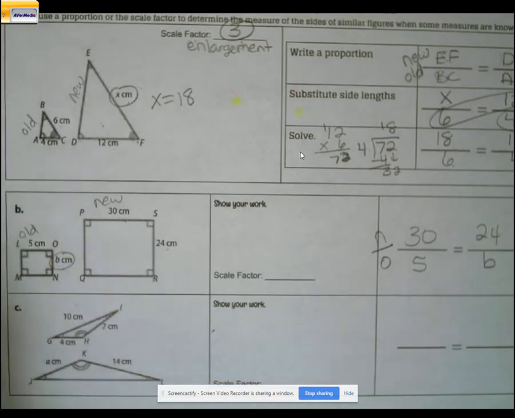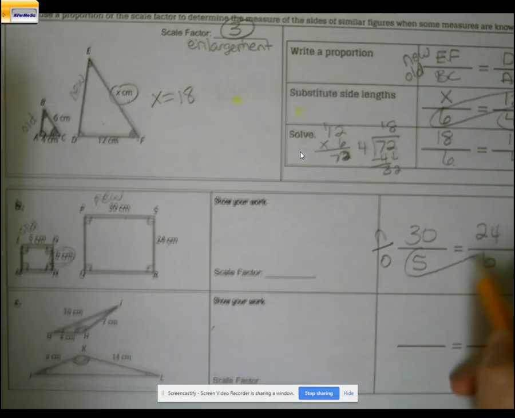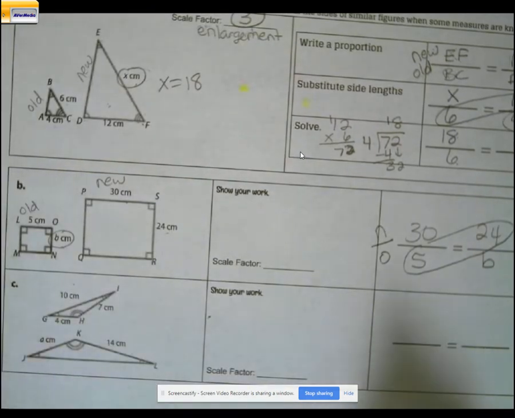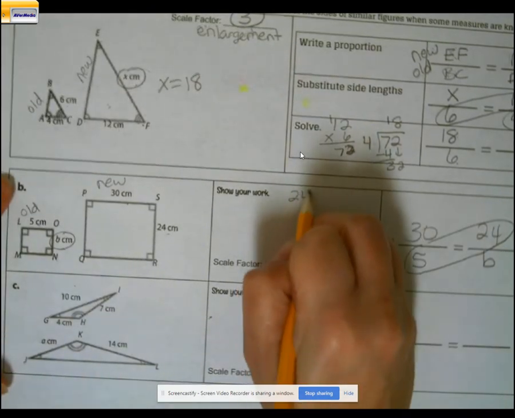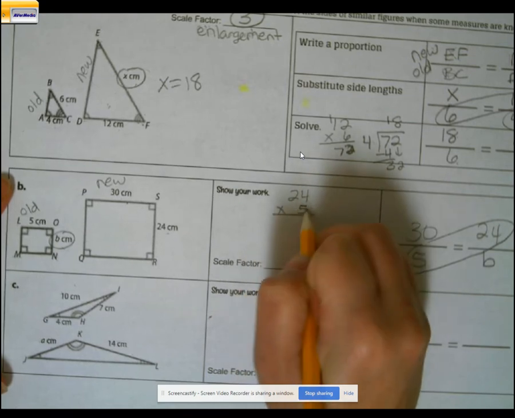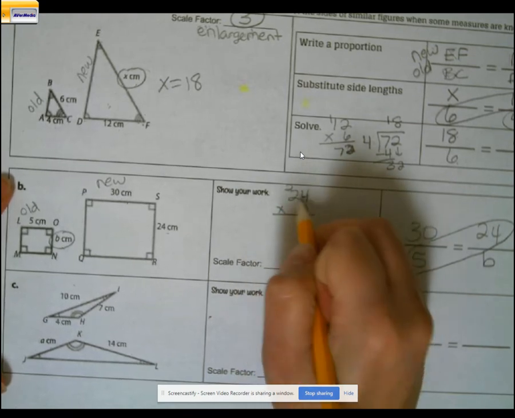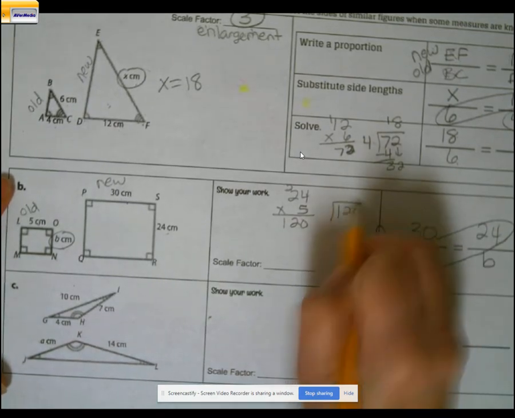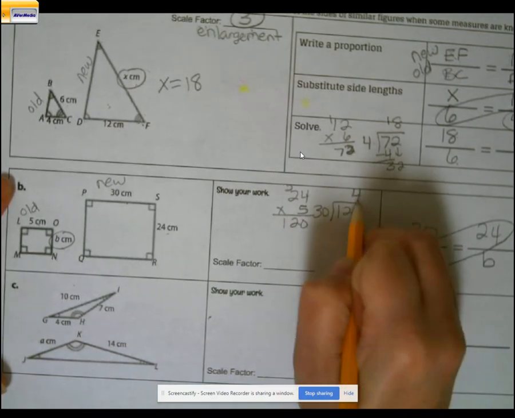And I'm just going to do my cross multiplication here. So 24 times 5, and then I'm going to be dividing that by 30. So 24 times 5, 120. I get 120 divided by 30 is 4.